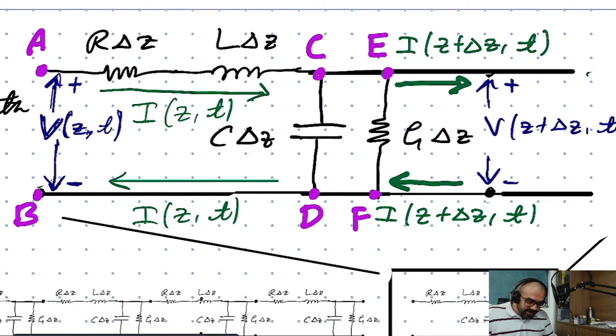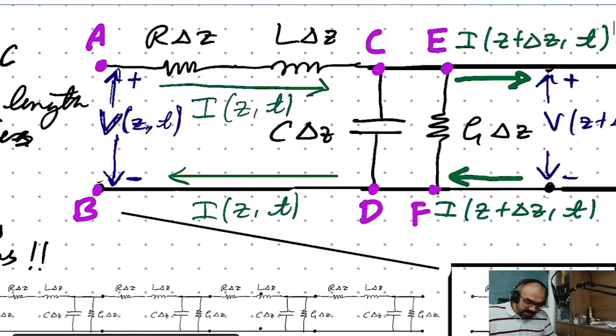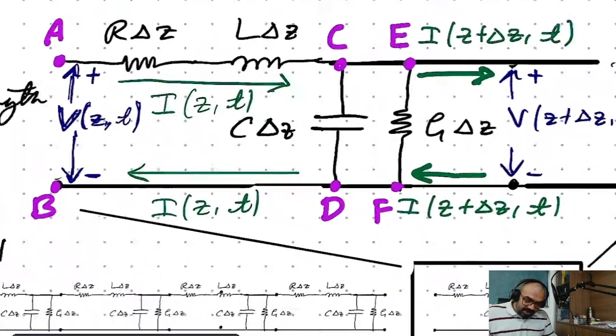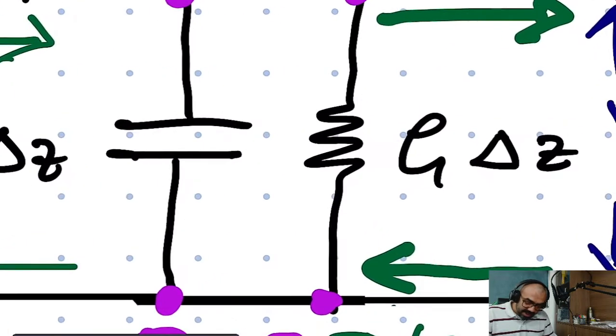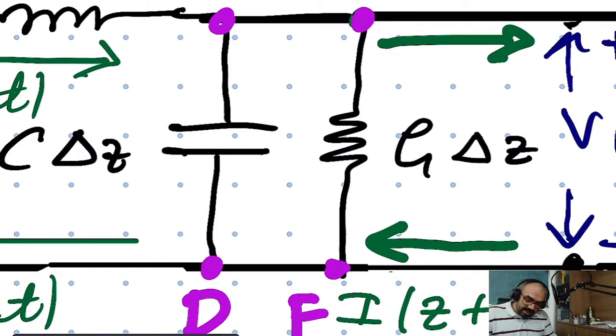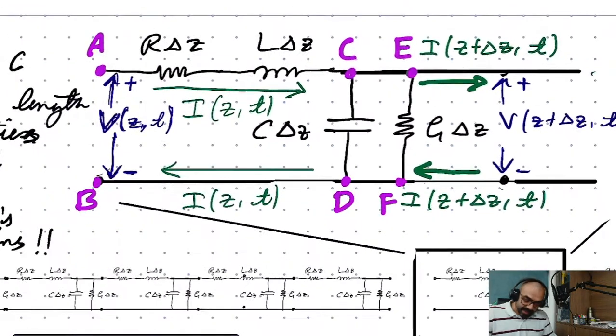First of the voltage, as you can see how I have fixed the sign convention. So at AB, this is my polarity, and I also need to fix the convention as to in which direction current flowing in this capacitor and conductor are to be considered as a positive direction.